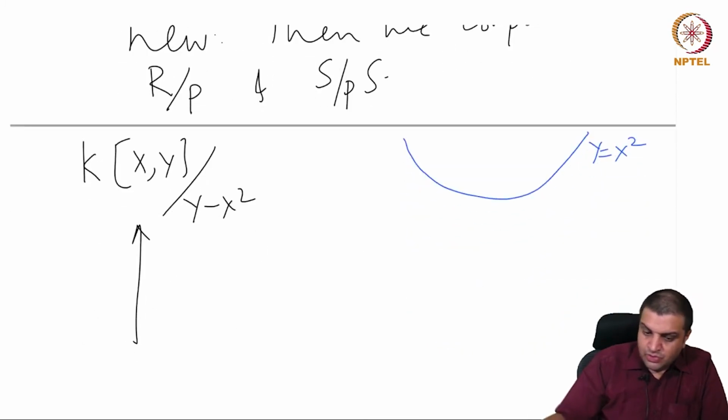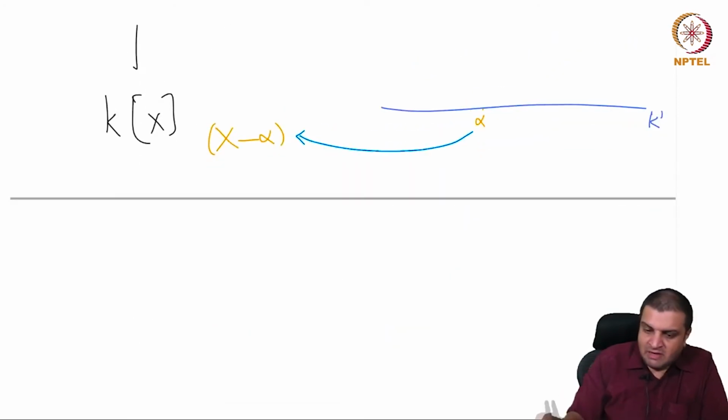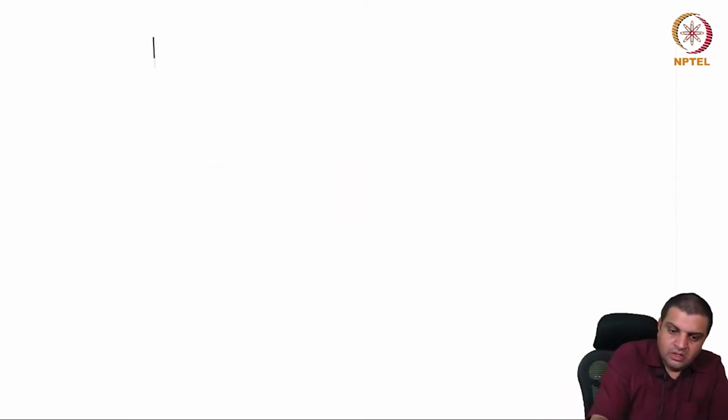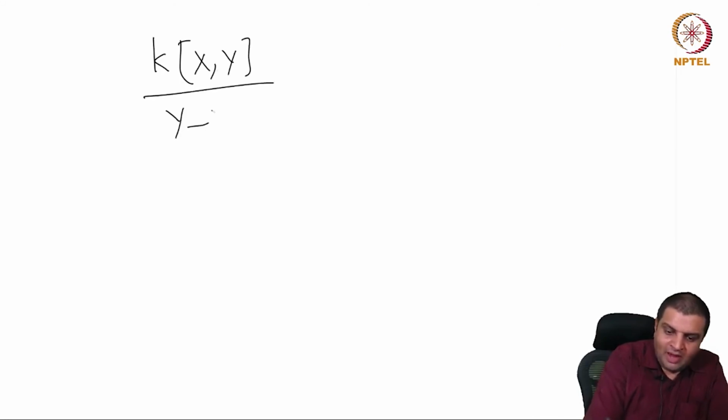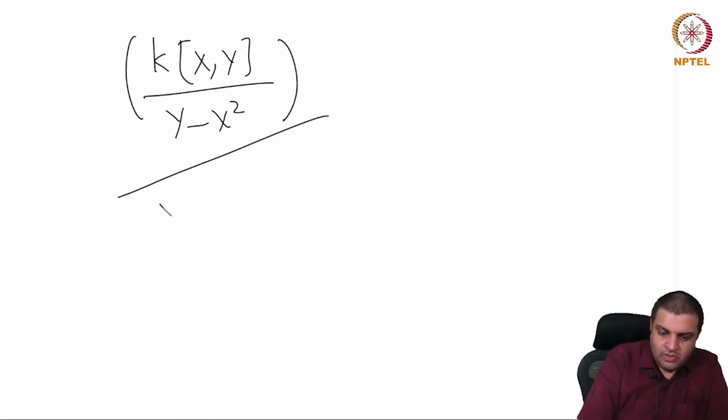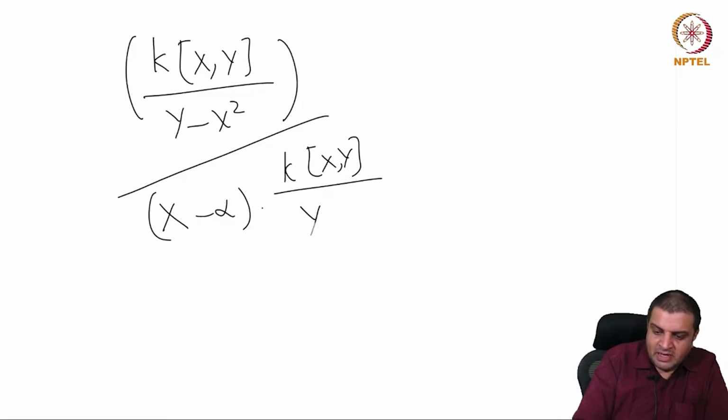So this ring modulo the extended ideal from x minus alpha. So Kxy modulo y minus x squared. This is S modulo x minus alpha times this ring, the ideal generated by x minus alpha in this ring.